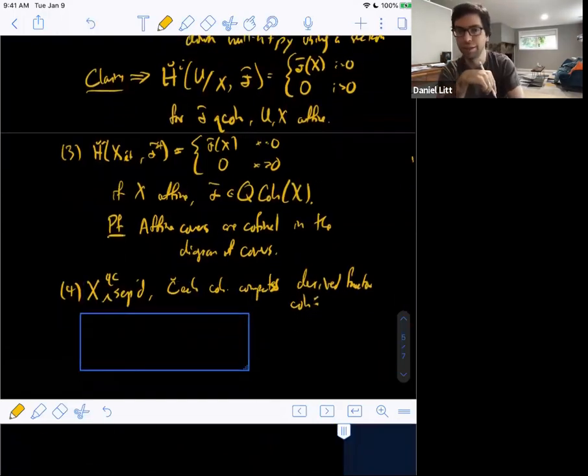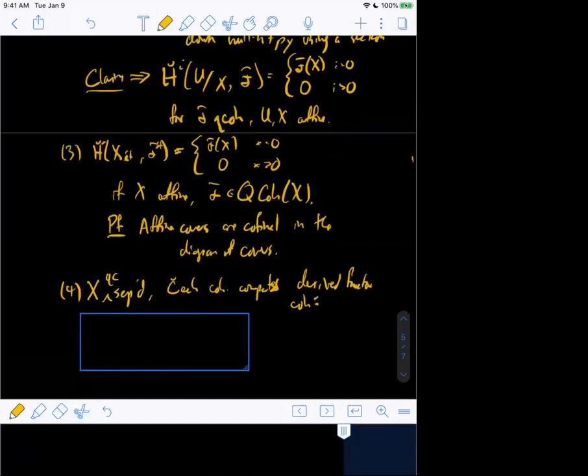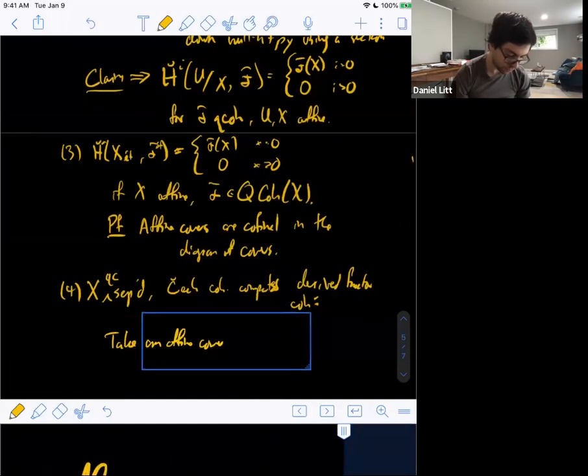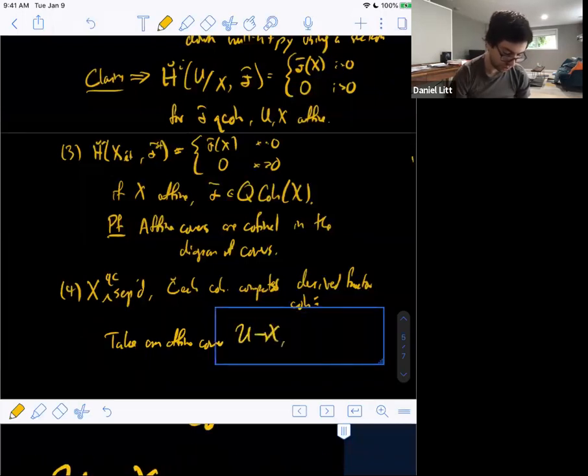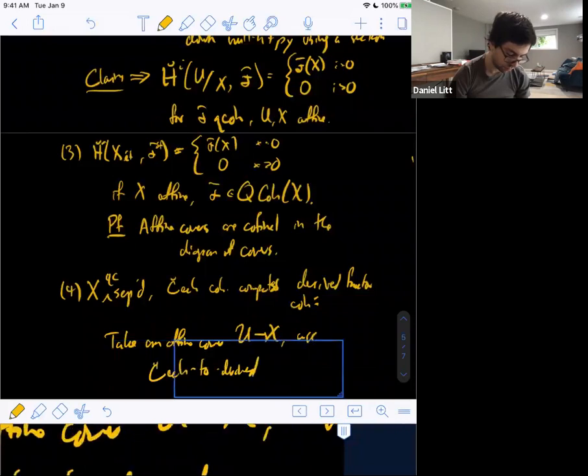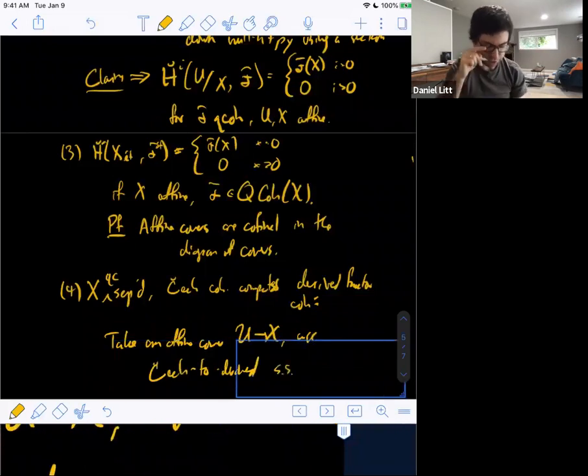Can anyone tell me how to complete this step? Using the spectral sequence on an affine cover. Exactly right. So take an affine cover U to X, like a Zariski cover, for example, and use the Čech-to-derived spectral sequence. Okay, just to make sure you're following, how did we use separated here?